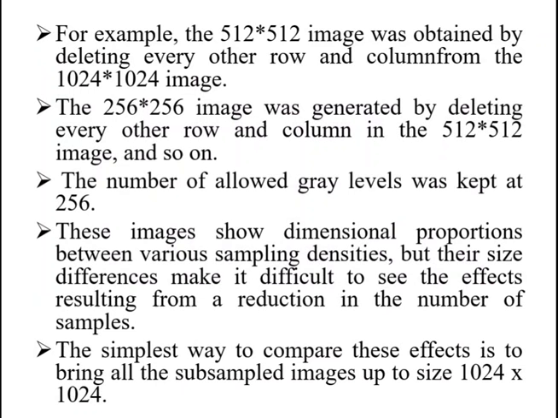However, the 32 level image shown in a figure has an almost imperceptible set of very fine ridge-like structures in areas of smooth gray levels. False contouring is generally quite visible in images displayed using 16 or fewer uniformly spaced gray levels, as shown in the figure.